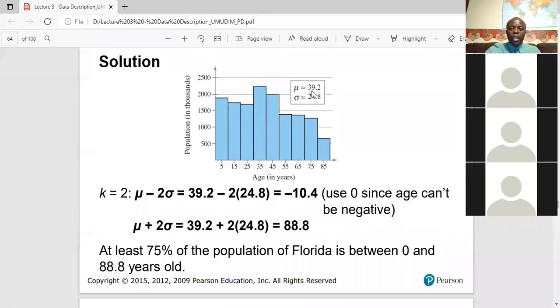Our mean is 39.2, minus 2 times the standard deviation, which is 24.8. It gives us negative 10.4, but we can't use negative 10.4 because age cannot be negative, nobody has a negative age, so we just call it 0. Then for the upper end, you use mean plus 2 times standard deviation, the same thing but with a plus sign, and that gives you 88.8.